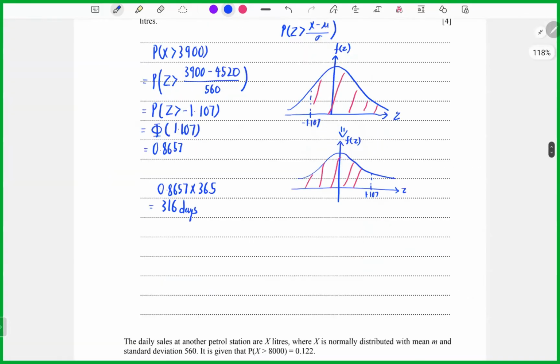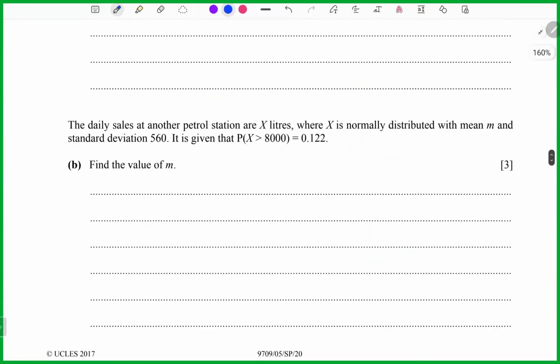Now we'll try to look at the next question, question B. The daily sales at another petrol station are X liters and X is normally distributed with mean M and standard deviation 516. It is given that X more than 8,000 equals 0.122. So now I write here.